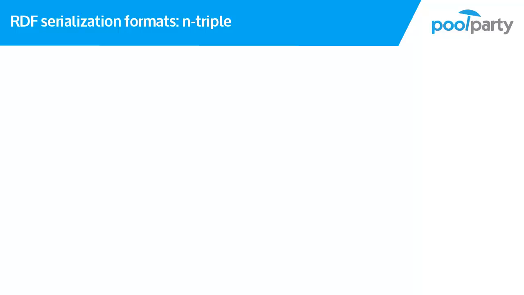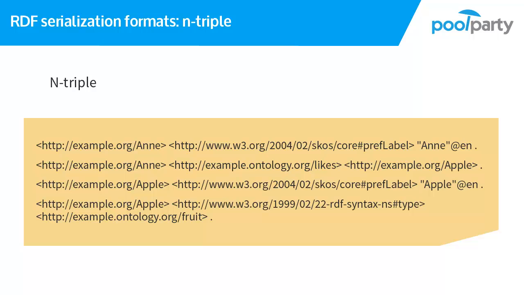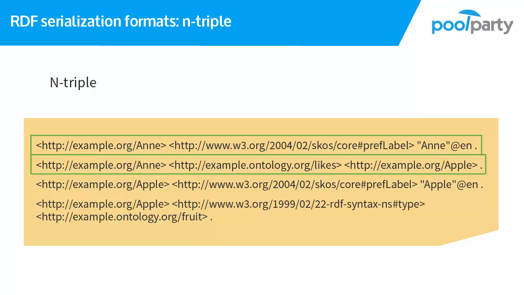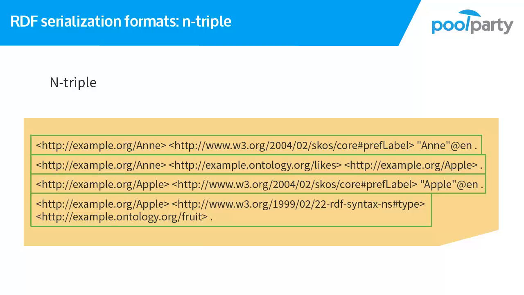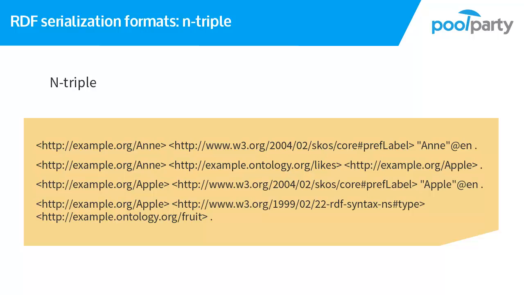Let's take a look at some of those serialization formats. N-Triples is the simplest and easiest to understand serialization format. In an N-Triples file, every statement has its own line, and every line always only contains one statement. For our little example about Anne and apples, an N-Triples file could look like this. We can see that a few things look different here than when we wrote down triples before.